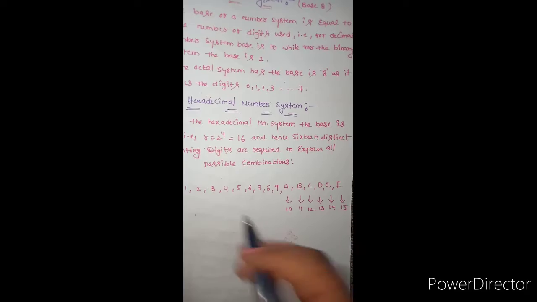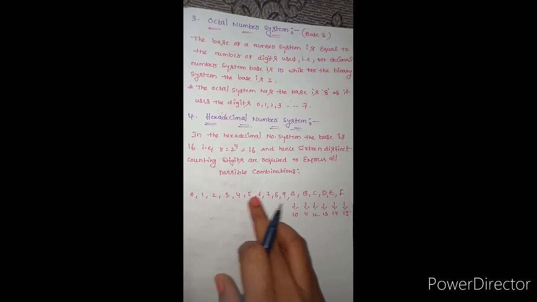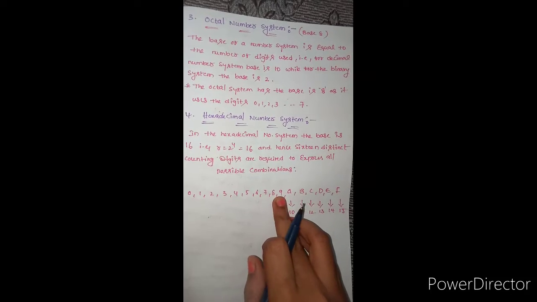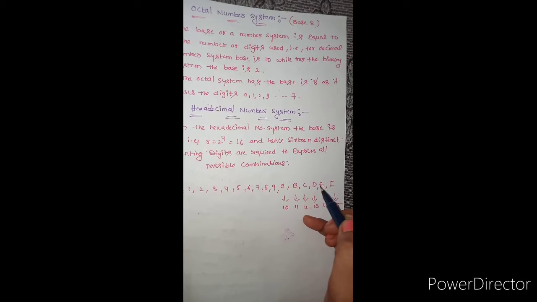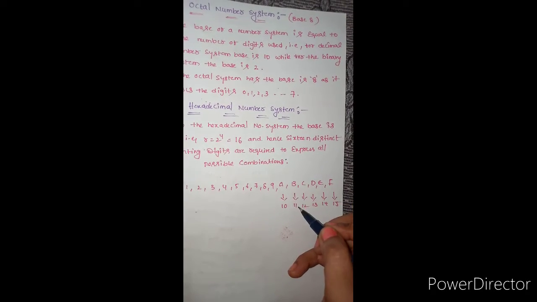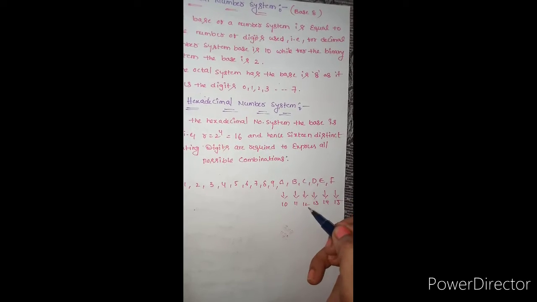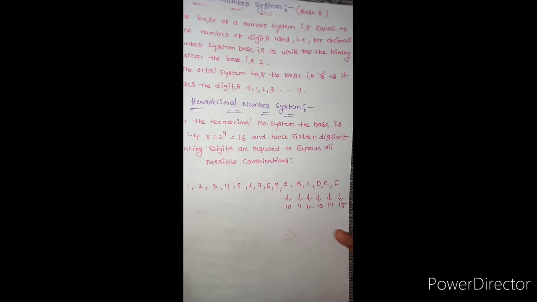This is the full list of the hexadecimal number system: 0, 1, 2, 3, 4, 5, 6, 7, 8, 9. Next, the alphabets A, B, C, D, E, F. A is 10, B is 11, C is 12, D is 13, E is 14 and F means 15 here.